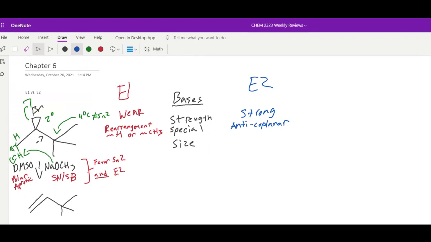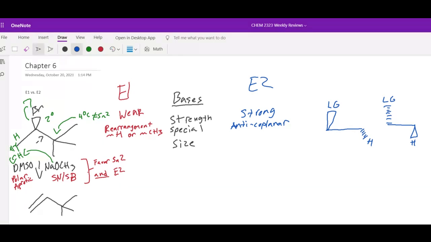So if my leaving group is on a wedge, my hydrogen has to be on a dash, and vice versa. If my leaving group is on a dash, then my hydrogen has to be on a wedge. I cannot have the leaving group on a wedge and the hydrogen also on a wedge.